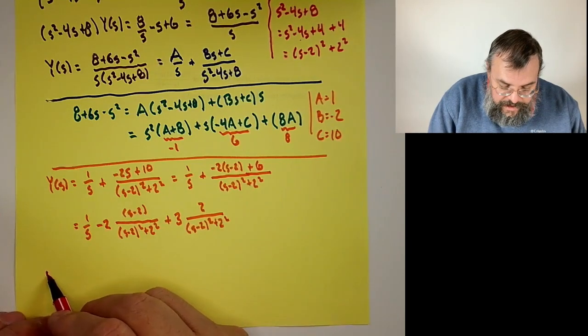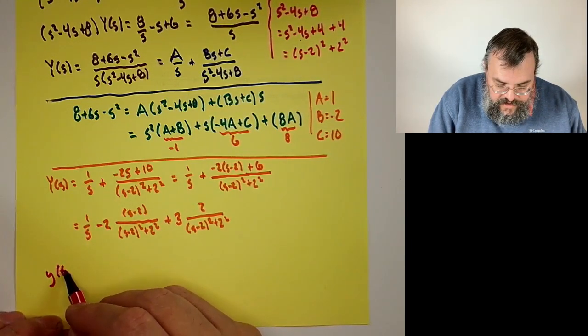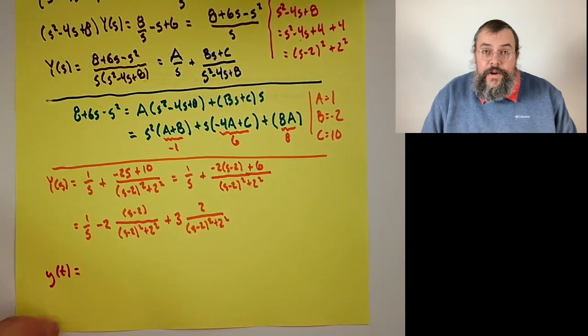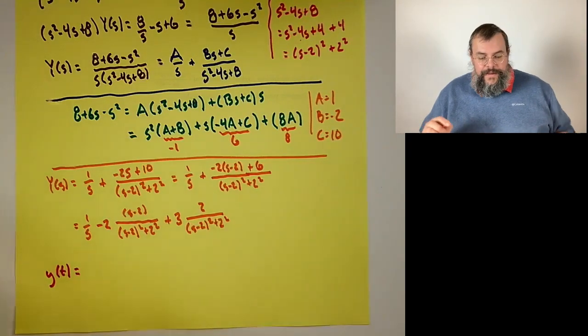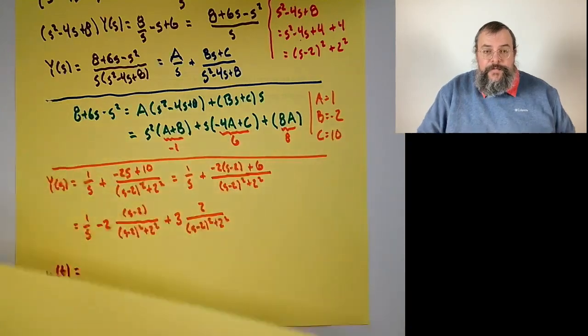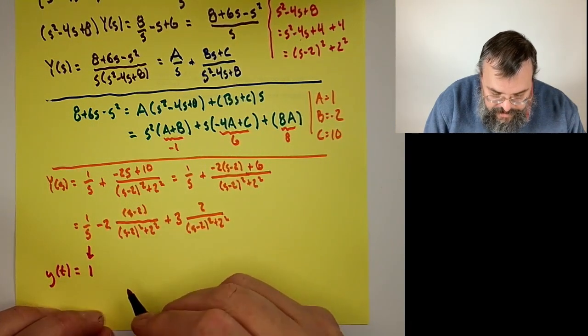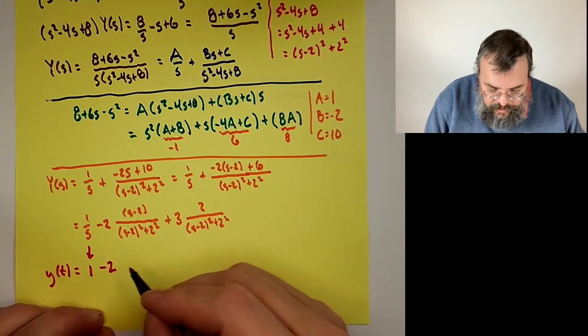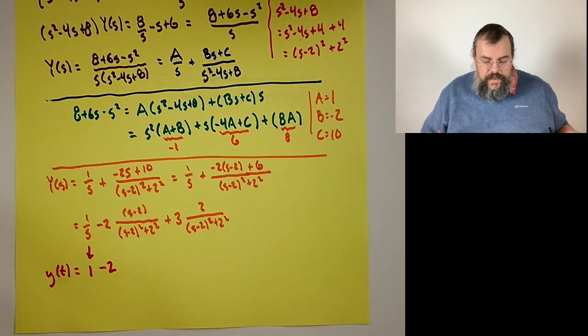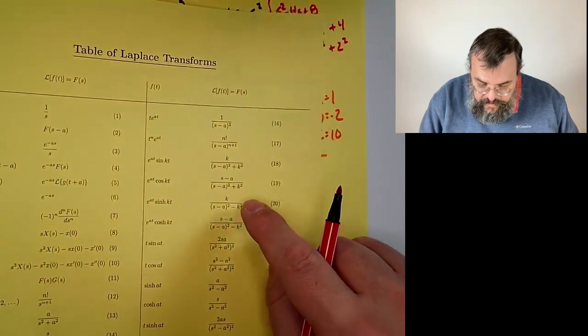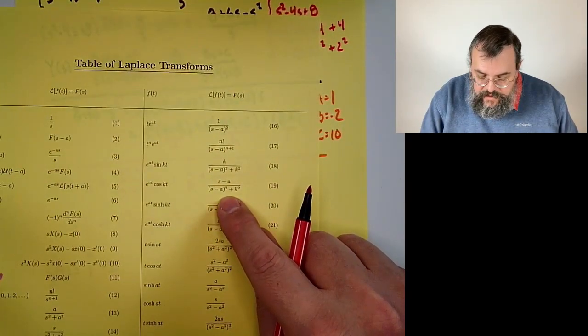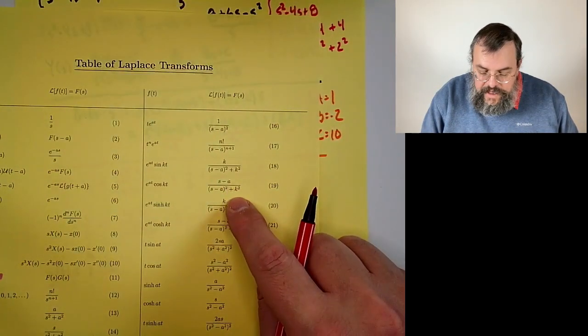So y of t: 1 over s is 1. So we get 1 minus 2 times s minus 2 over s minus 2 squared plus k squared. So a equals 2, k equals 2.